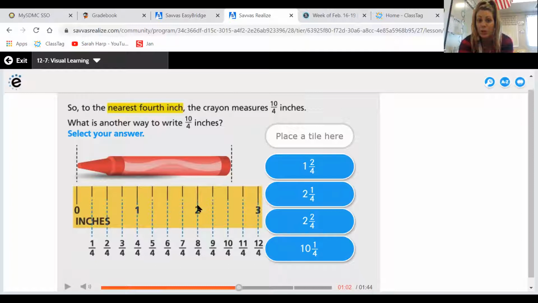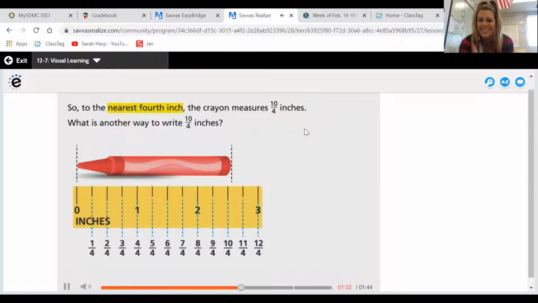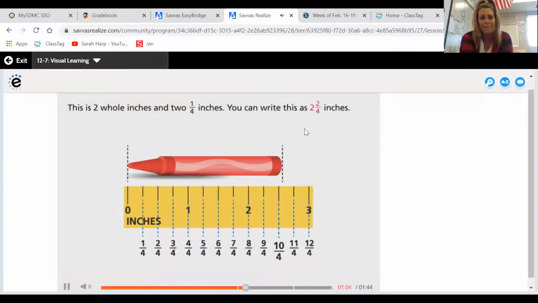It would be 2 and 2/4. 2 whole inches, and then it is on the second 1/4 mark, which makes it 2/4. This is 2 whole inches and 2 1/4 inches. You can write this as 2 2/4 inches.